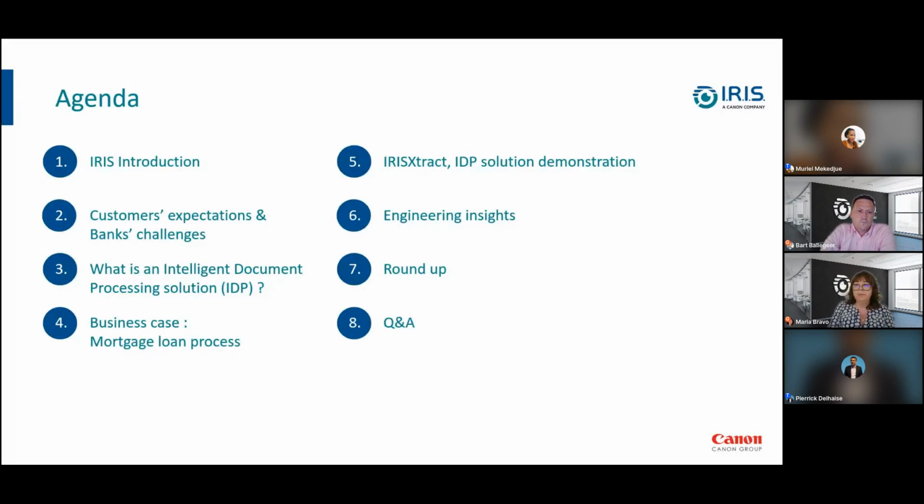We have selected one business case, the mortgage loan process, as it is one of the most complex in the credit department, followed by an Iris Extract demonstration. Then we will give you engineering insights, then the roundup, and at the end of the session, we'll have a moment for questions and answers.